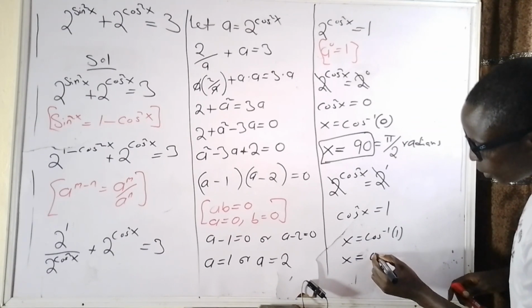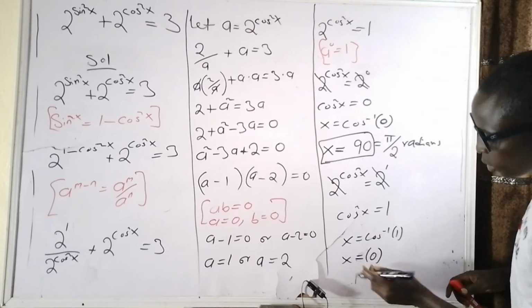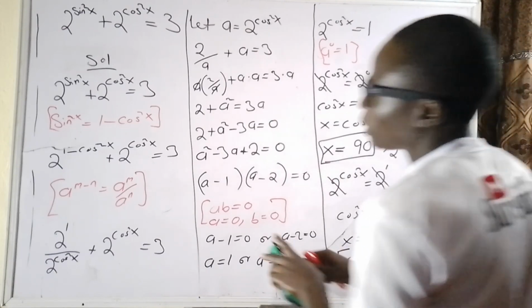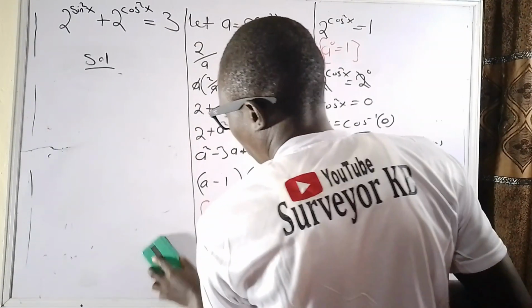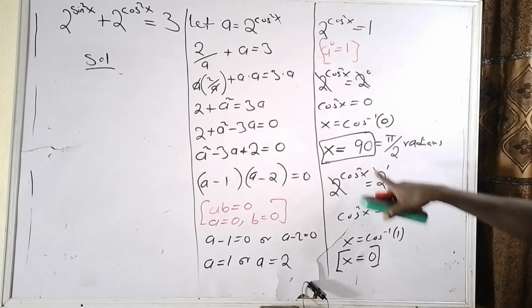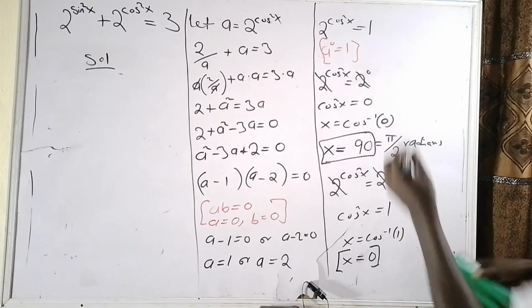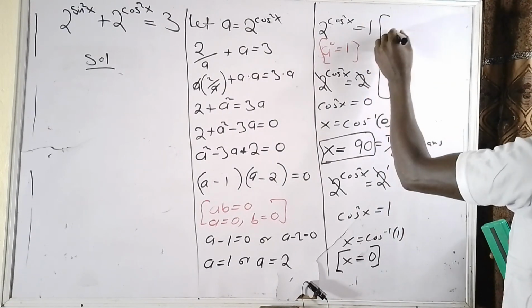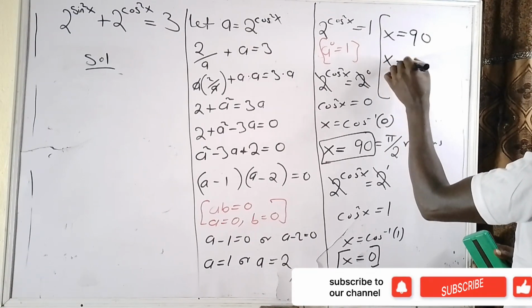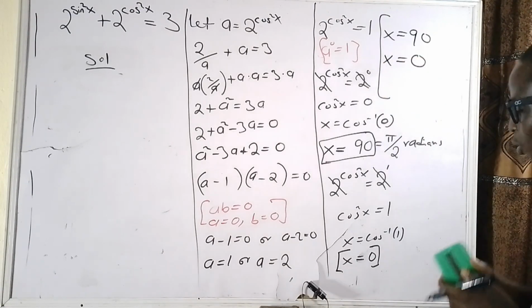So let me clean this side. We know that our respective values of x are 90 and 0. So x is equal to 90 or x is equal to 0.